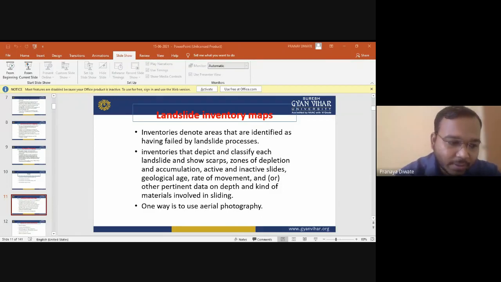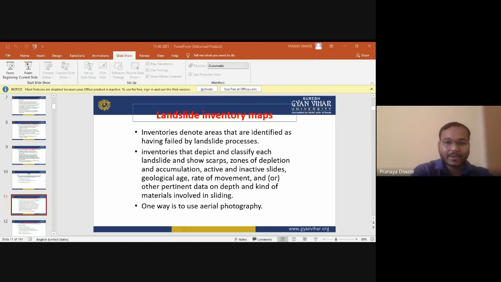For a landslide inventory detail, you need the state of activity, certainty of identification, dominant type of slope movement, dominant state of movement, type of material, and dates and period of activity.